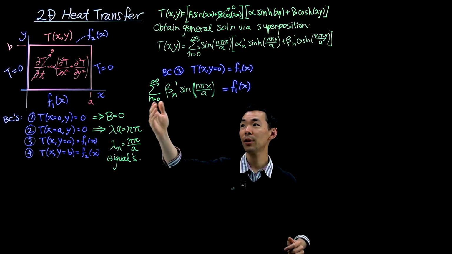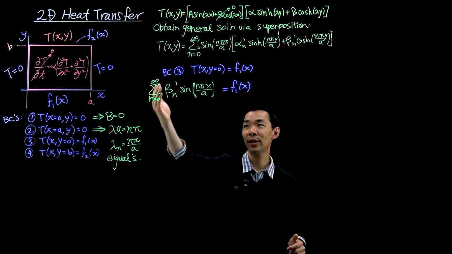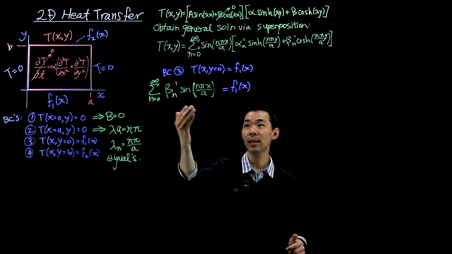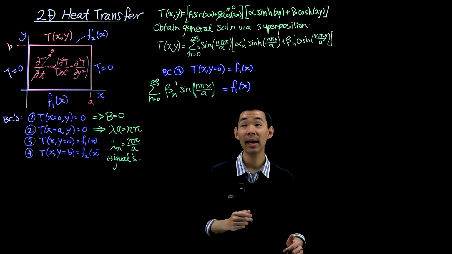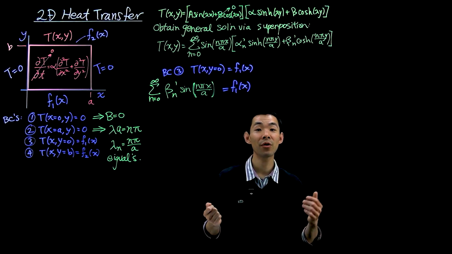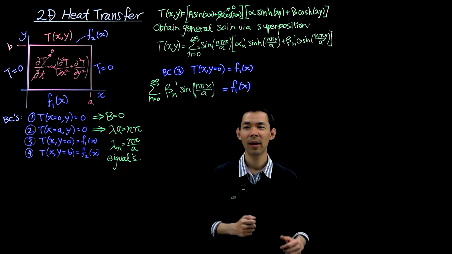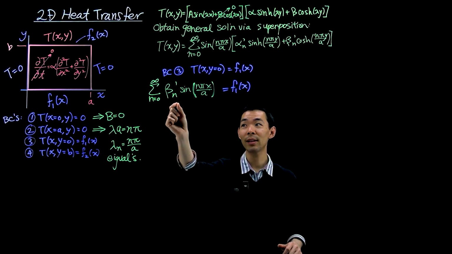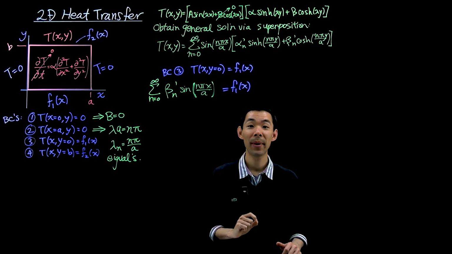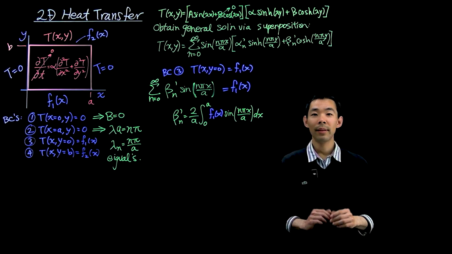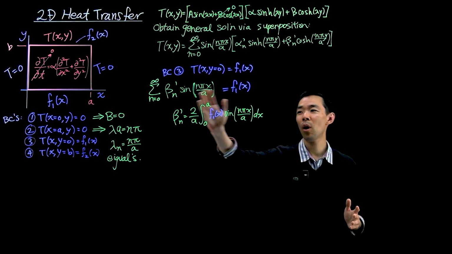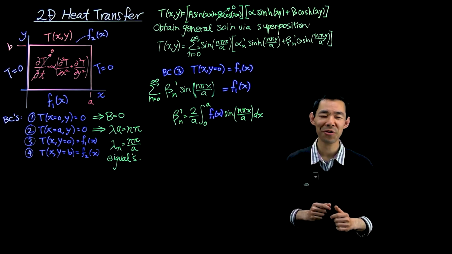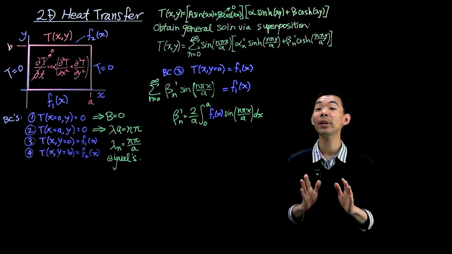So we have a summation from 0 to infinity of some coefficient sub n times sine n pi x over a equal to some function f1 of x. This is just a Fourier series, right? A Fourier series for the variable beta n prime. There we have it. So we have one constant of integration, beta n prime, completely determined.